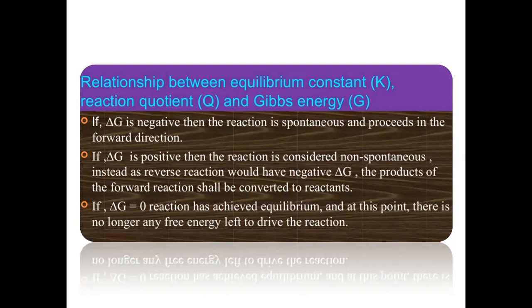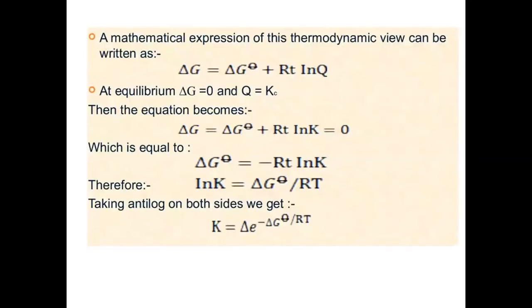And if delta G is equal to 0, it means the reaction is at equilibrium. There is no longer any free energy left to drive the reaction. So this is a mathematical expression. You need not do the derivation here, you only have to learn this relationship between K, between Q, and between delta G.